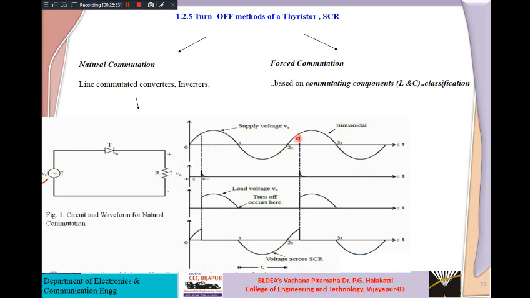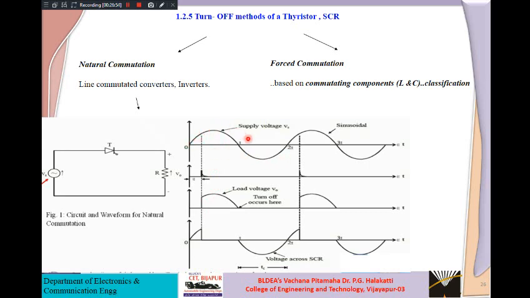We'll assume it as a sinusoidal voltage, containing both positive and negative peaks. It will contain one thyristor and one load resistor R. Now we'll try to understand what is happening during both the peaks for one cycle, that is its operation.